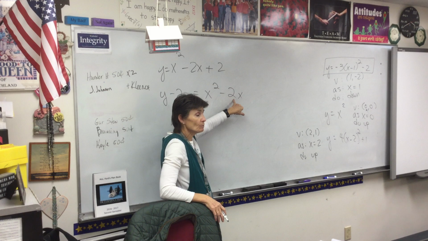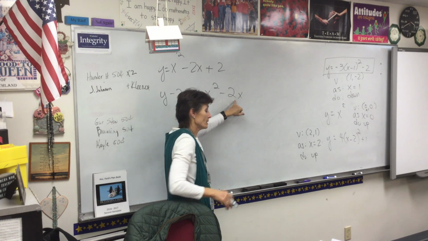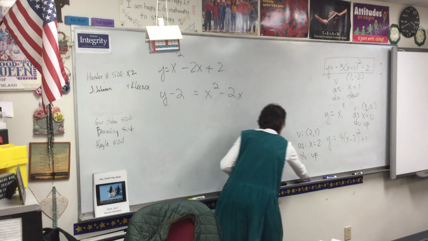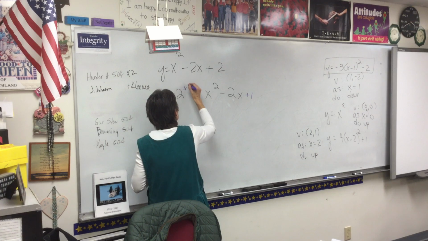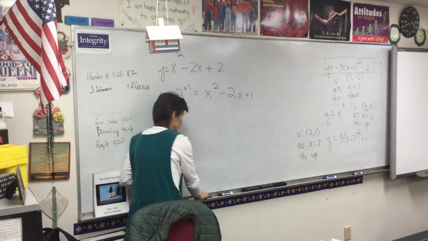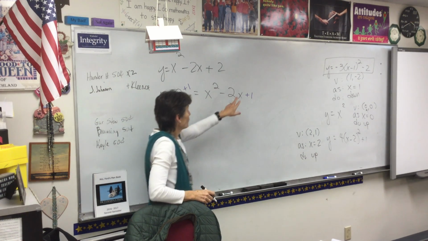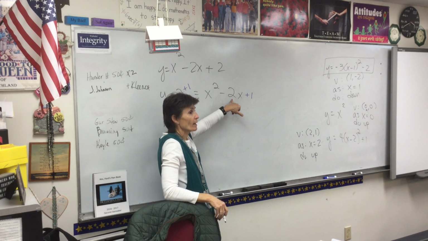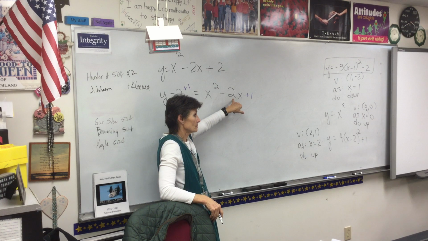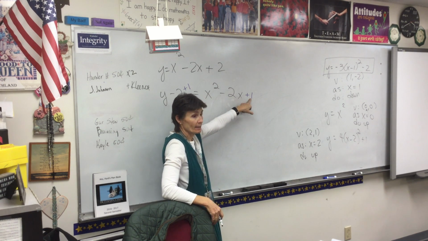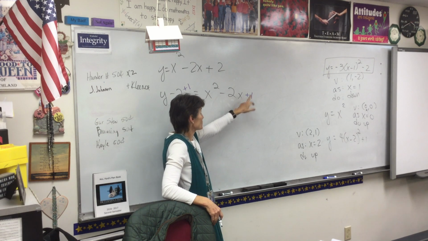What's half of 2? 1. Squared is 1. So I am going to add 1 to both sides. So one more time. To complete the square, I take half of the x number, so that would be 1, and I square it, and I get 1. And that's what I add to both sides.